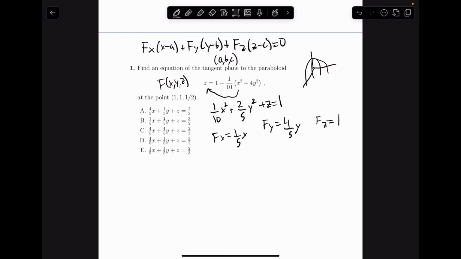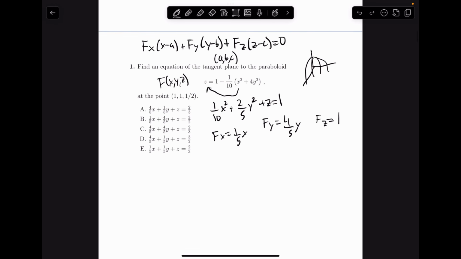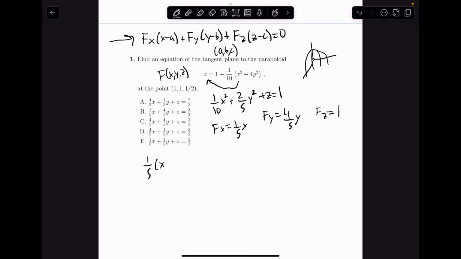Now we need to plug our point into each of these three functions, and then we can use our form up here. So we're going to get 1 over 5 times x minus 1, plus 4 over 5 times y minus 1, and then plus, we just have a 1, so we can just ignore that, z minus 1/2.